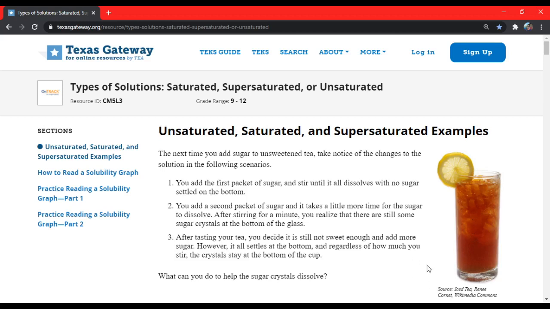And you are still not satisfied with the taste of your tea. You put a third packet of sugar. And by putting the third packet, you expect that it will not be completely dissolved at the end of the day. So the thing here is, what are you going to do in order to dissolve that extra sugar that you put on your tea?